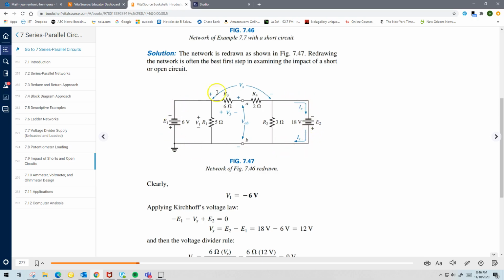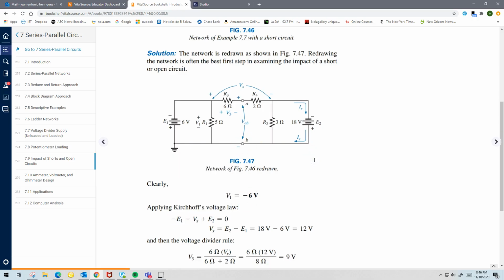And that should all be equal to 0. This equation right here is very important. KVL again, that's what's critical, that you know KVL very well. Since we know E1 and E2, we can simply solve for Vx, and it so happens that Vx is equal to 12 volts.